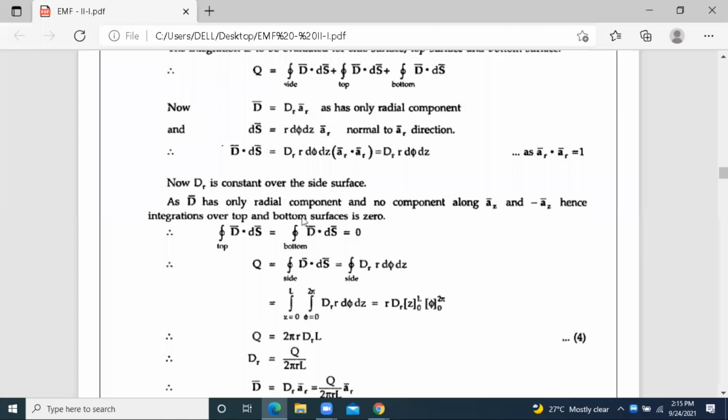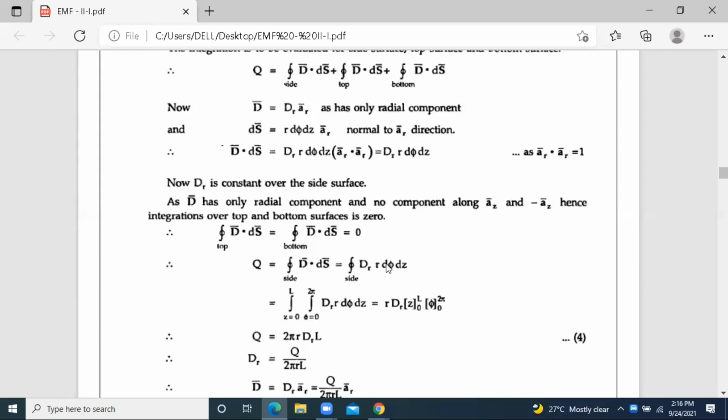So if you want a piece of the side, the area for a piece of the side would be the fraction of 2π, because around the entire circumference is 2π. For, say, 90 degrees, it would be a quarter of 2π, or 2π over 4.